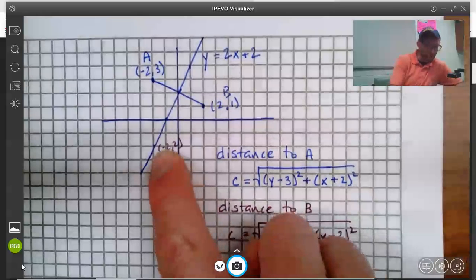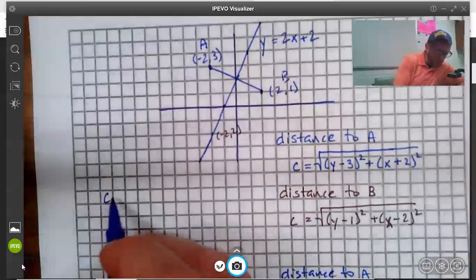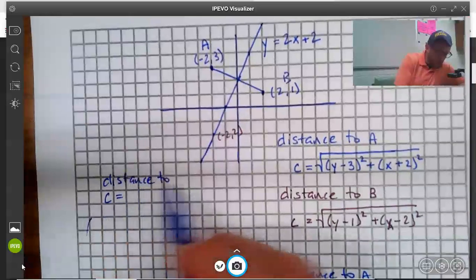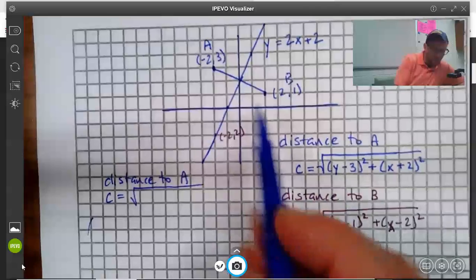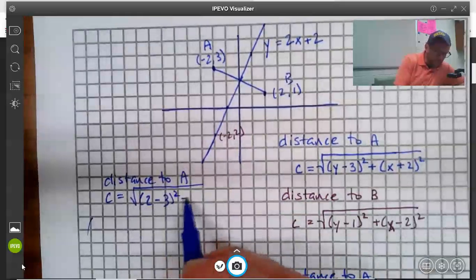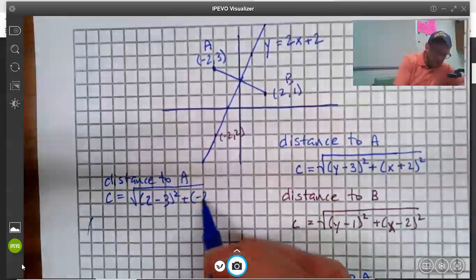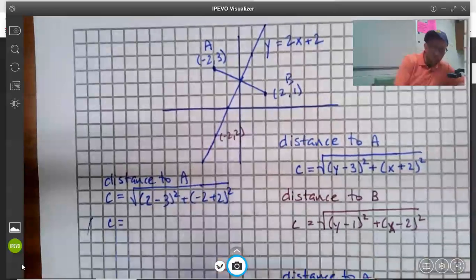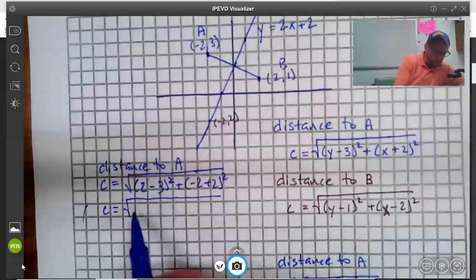Let's pick the point -2, 2. So I'll do distance to A first. That's my big square root bracket. Our y coordinate for this point is 2. So 2 minus 3 squared plus x coordinate is -2, -2 plus 2 squared. 2 minus 3 is -1.